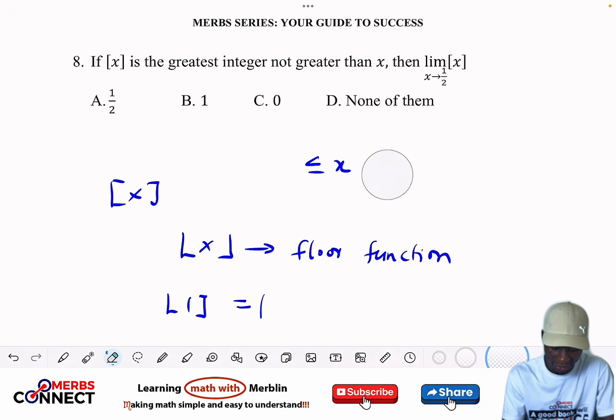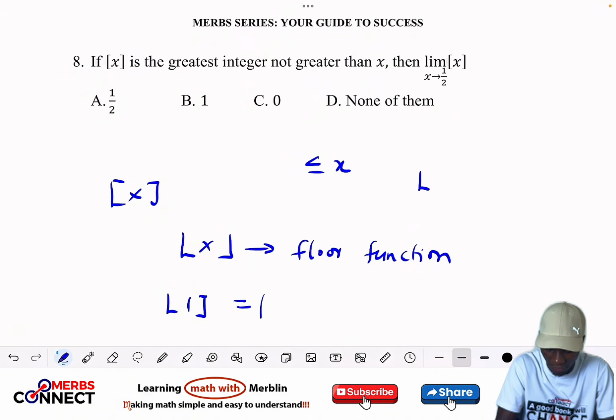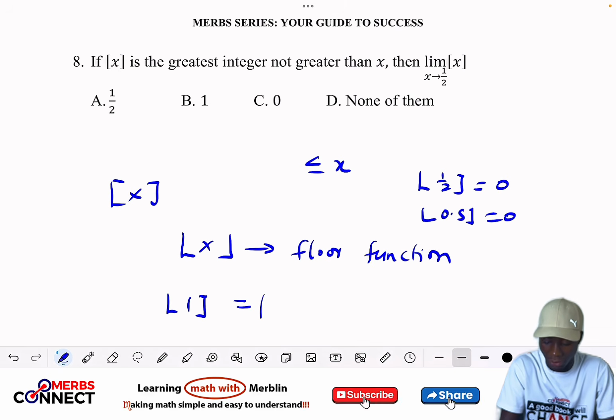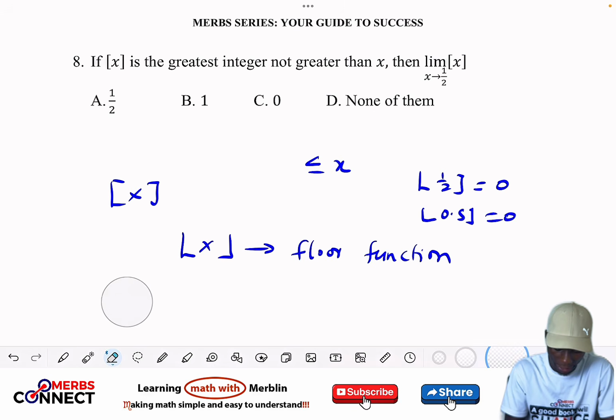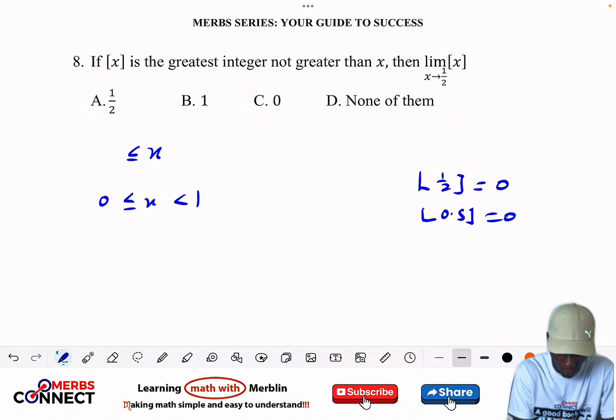So now let's go back to our question here. Now they've given us 1/2. So when I pick the floor value of 1/2, this is going to be 0, because I know that 1/2 is 0.5. So this is going to be 0. So it means that here we are going to have the interval. Since we know that the greatest value should be this, we are going to have the interval 0 less than x less than 1.